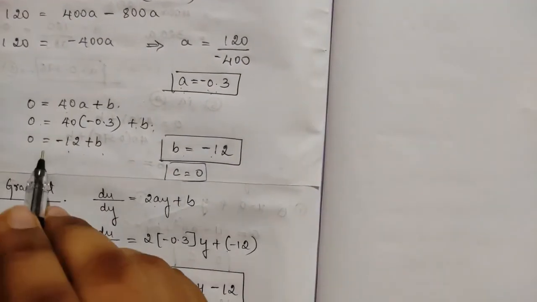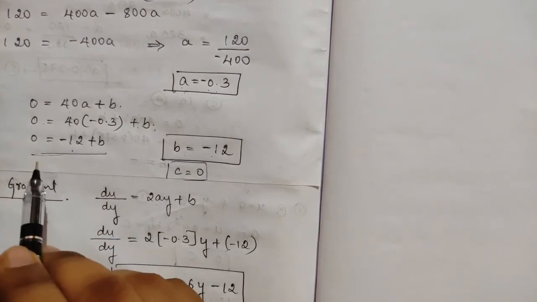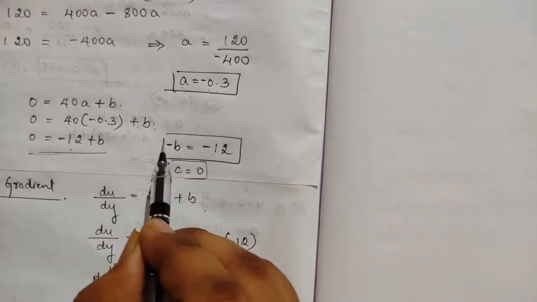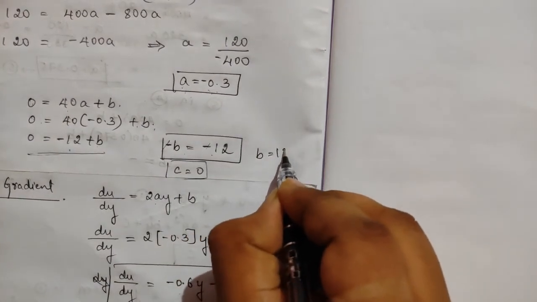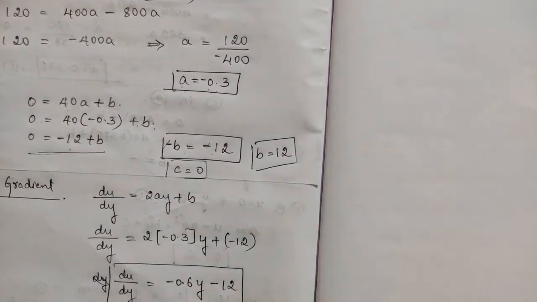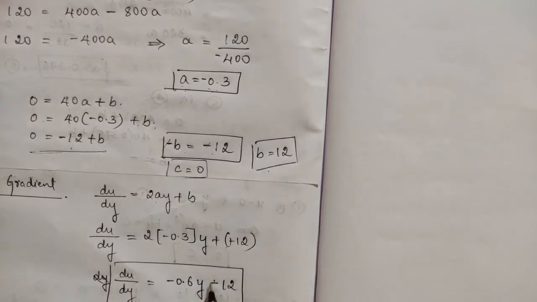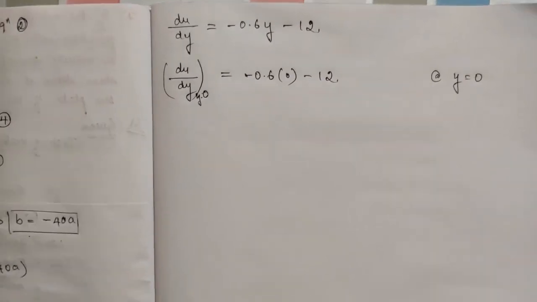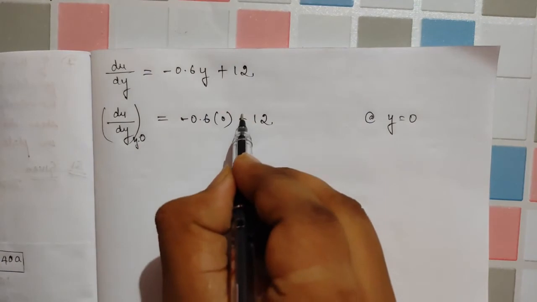See here, at 0, minus 12 plus b is equal to 0, right? So b on the other side also becomes minus b. So minus b minus 12 cancel, so b is equal to 12. In a hurry I made a mistake, sorry my dear friends. Okay, b is equal to 12, so the value here becomes plus only. So this is plus 12, this is also plus 12.